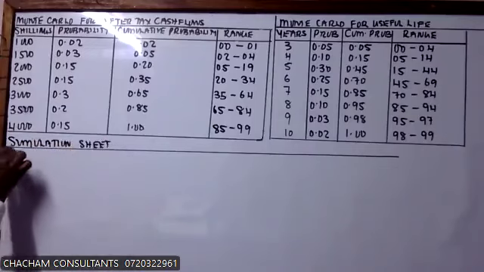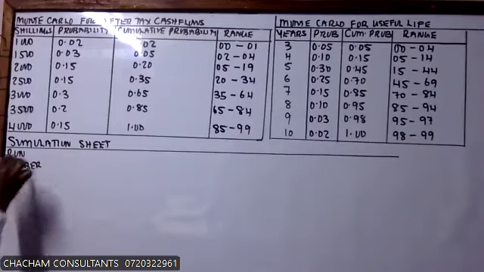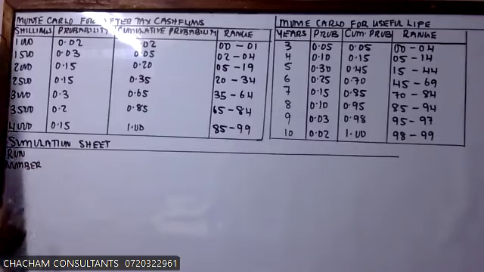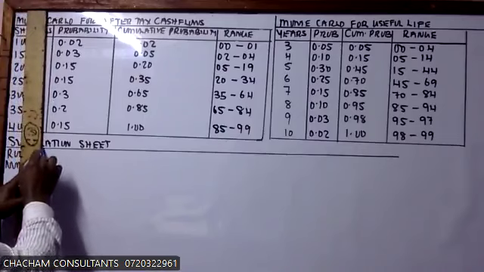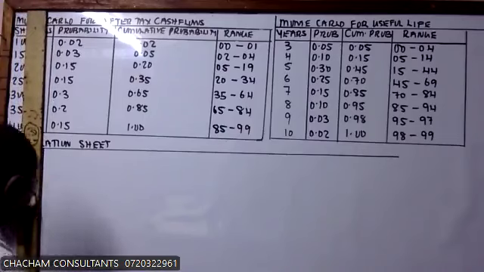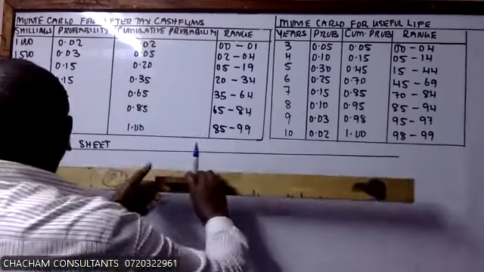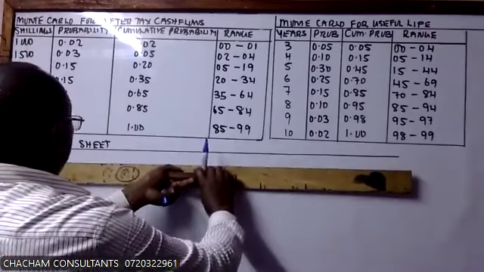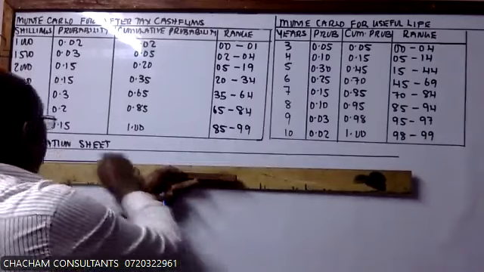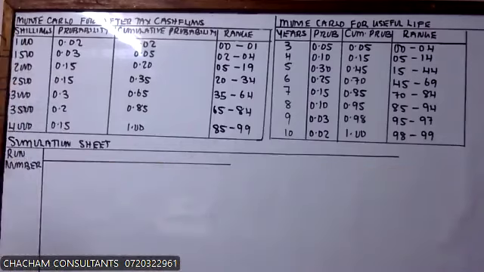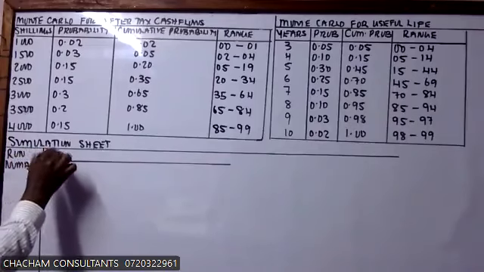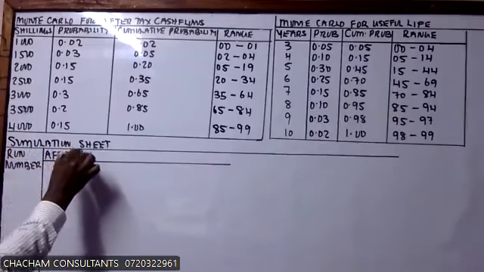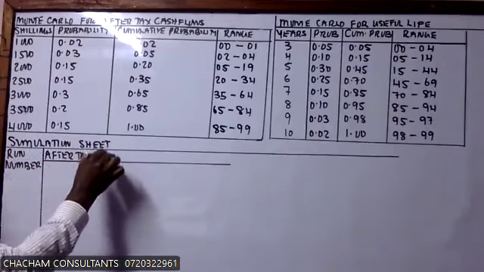So we will have the run number here. Then first we will put these random variables. The first is after tax cash flow.